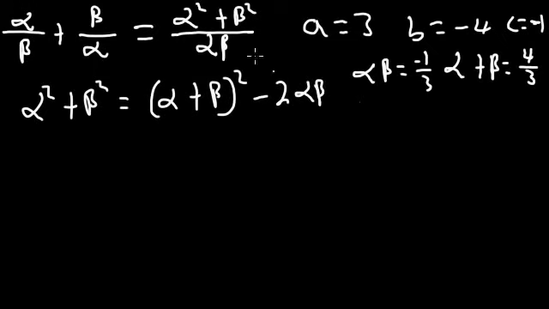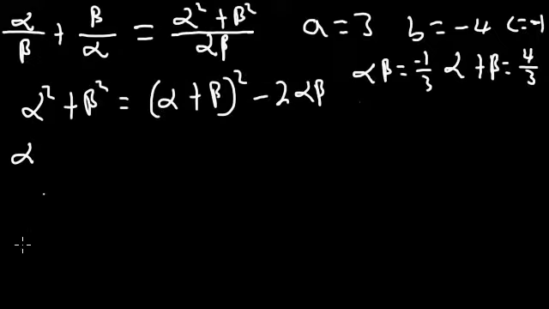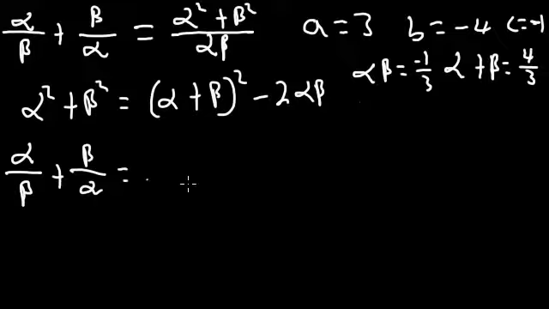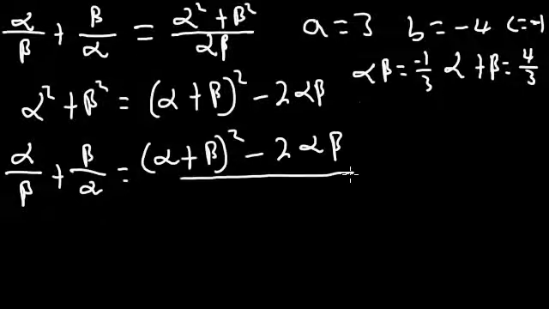So what I'm going to do right now is replace this right here with this. And therefore, we now have alpha over beta plus beta over alpha equals alpha plus beta all squared minus 2 alpha beta, then entirely divided by alpha beta.